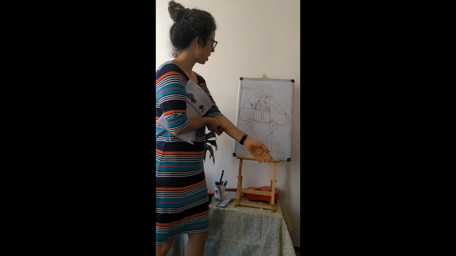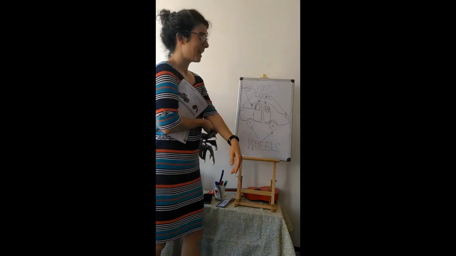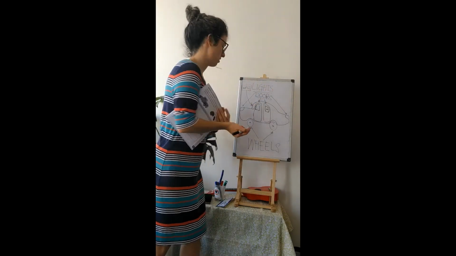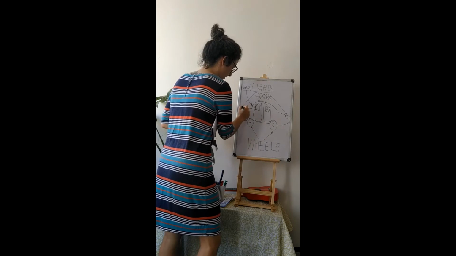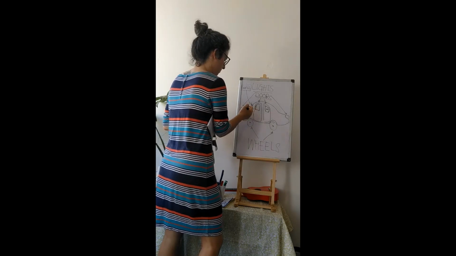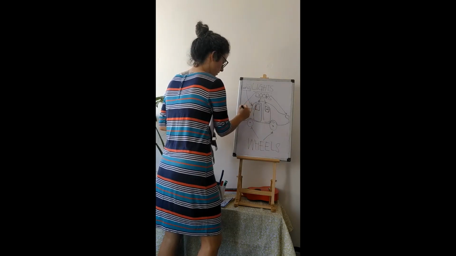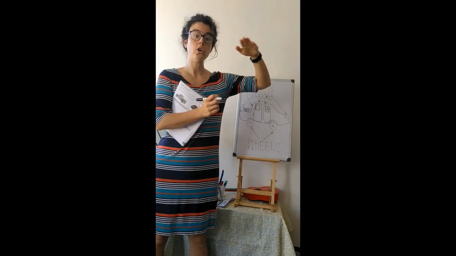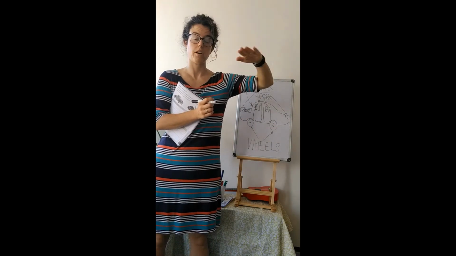But where is the engine in a car? In most cars, the engine is in the front. So like this part right here. So you can lift up the hood of the car, or the top part of the front.